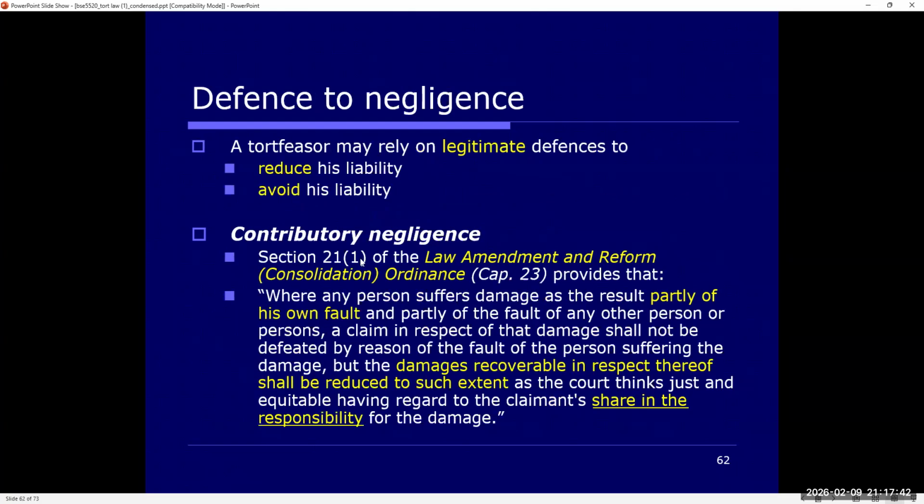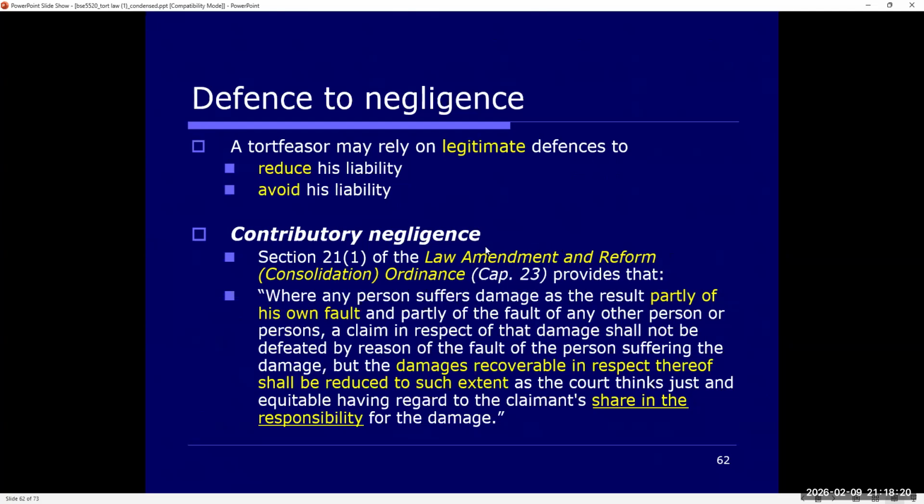Okay, final part, defense to negligence. I will stop here, and I will reserve this part to be covered after the test. But just one point briefly mentioned to you now: contributory negligence. To reduce the liability of the defendant, there could be various defenses that the defendant may rely upon. One of which is contributory negligence from the plaintiff himself or herself.